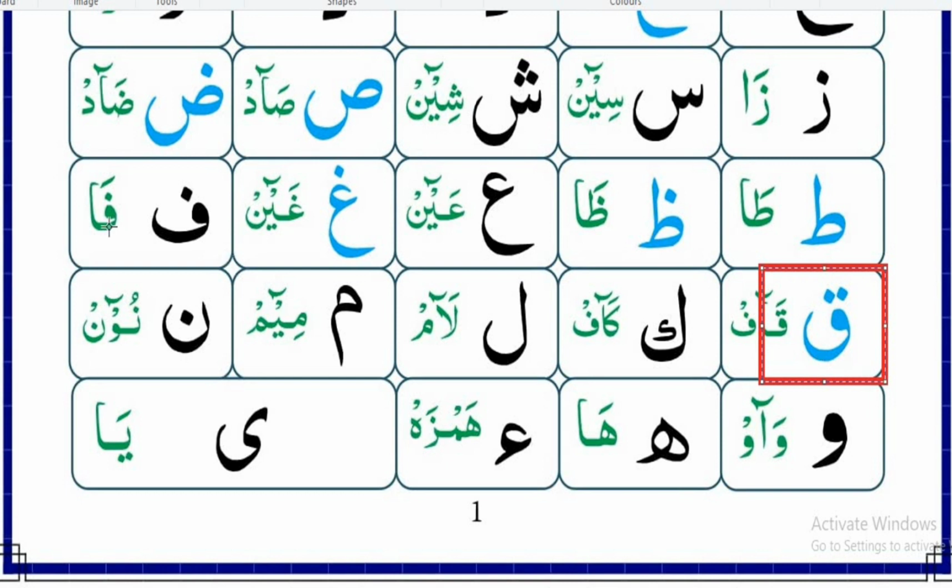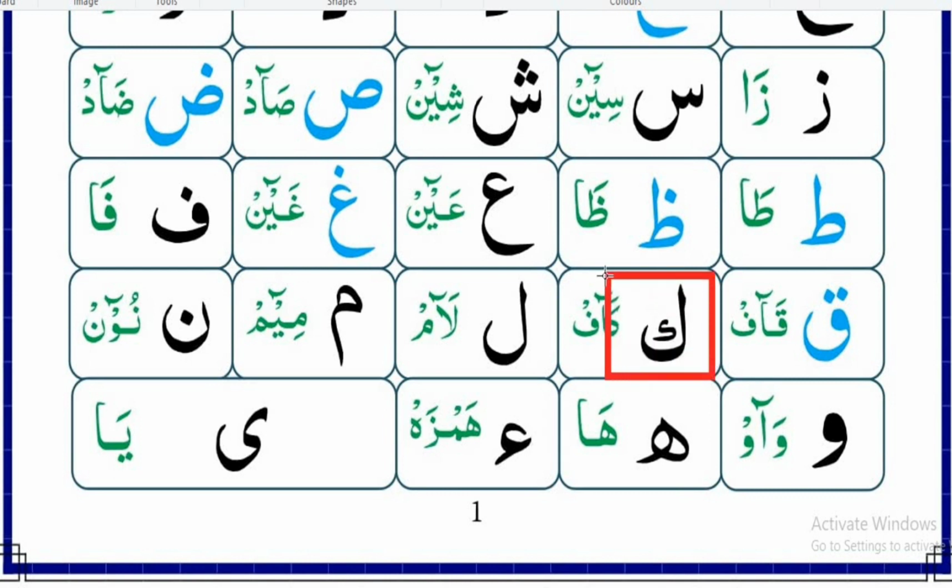The shape of fa and qaf is somewhat similar but not exactly the same, and also fa has one dot on top and qaf has two of them. So fa has one dot, qaf has two dots on top.